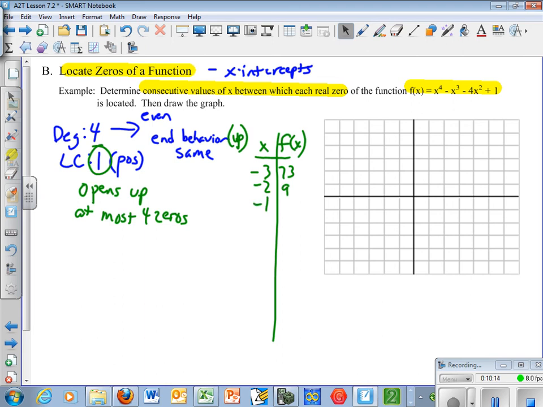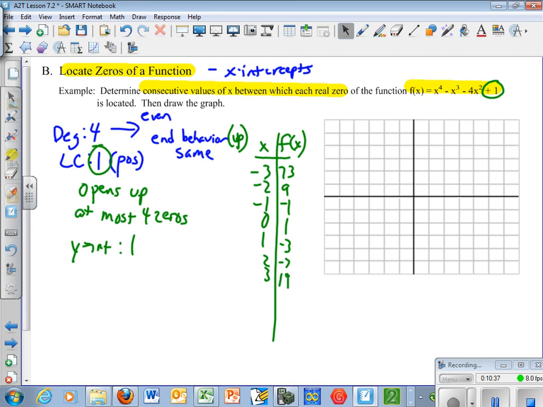At -1, we're at -1. At 0, we're at 1. Now notice the y-intercept. I didn't write it over here, but the y-intercept is the constant term. So notice right here, that tells me the y-intercept is 1. So 0, 1. At 1, we're at -3. At 2, we're at -7. At 3, we're at 19.